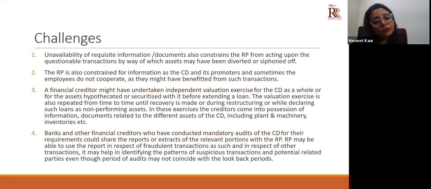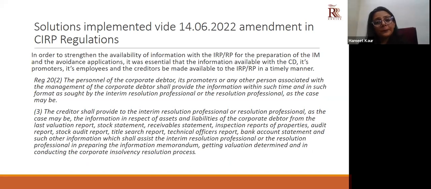And in respect of the other transactions, it may help in identifying the pattern of suspicious transactions and potential related parties. Even though the period of audit may not coincide with the look back periods, he may get a fair idea of the patterns of the transactions. And definitely the most important are the inventory and plant and machinery reports. So some idea definitely he can get from the FCs.